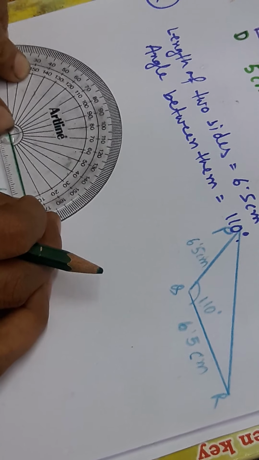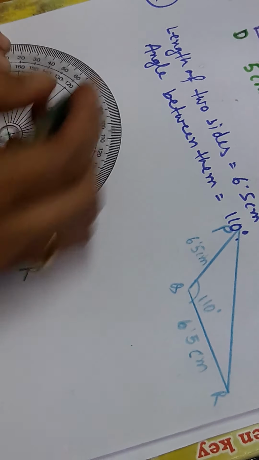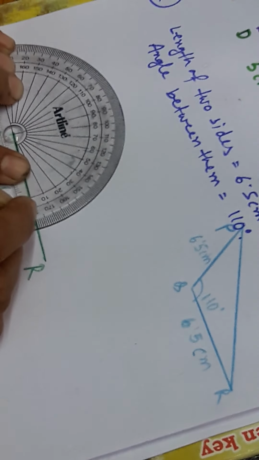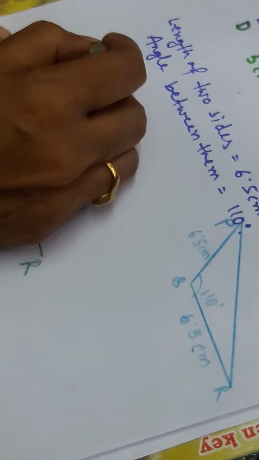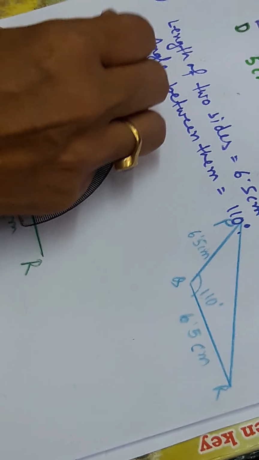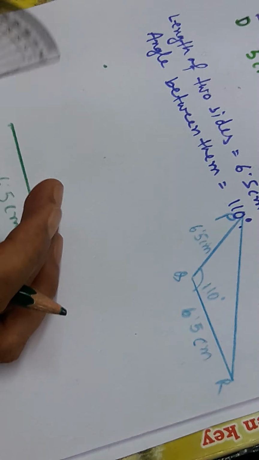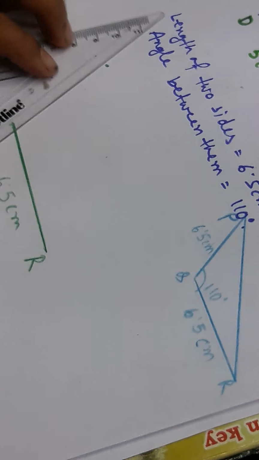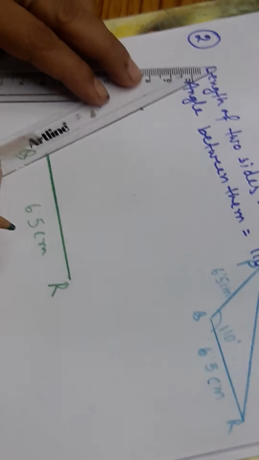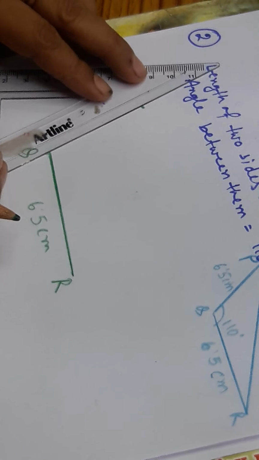Put it over there, and this is the center. Now you mark where is 110. From 0 you will start counting where you are getting 110 here. Okay, so let's point it. This is 110.